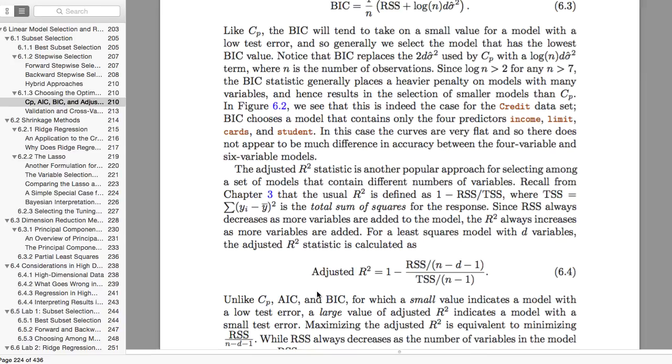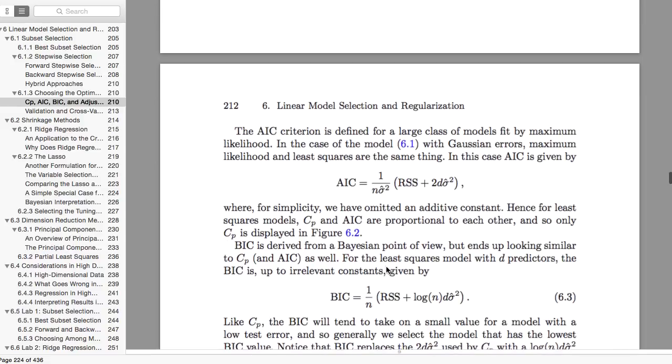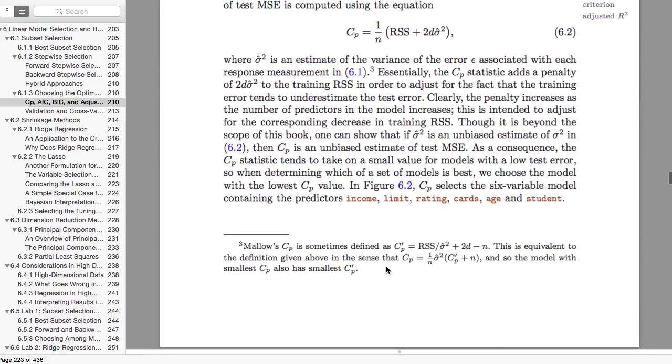This is the most common of these four methods, but they all basically penalize extra variables. The whole idea is to penalize the inclusion of extra irrelevant variables, and these are just four techniques to do it.